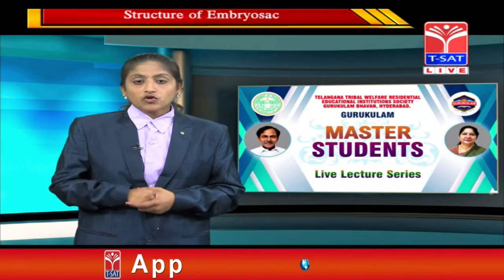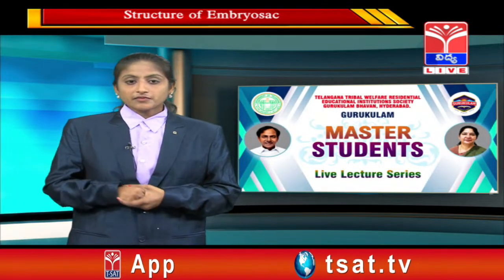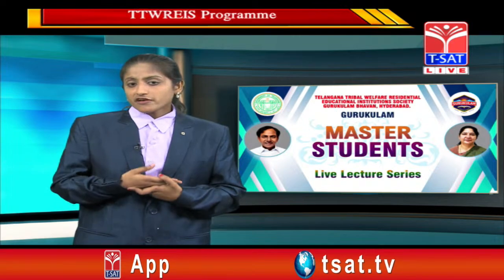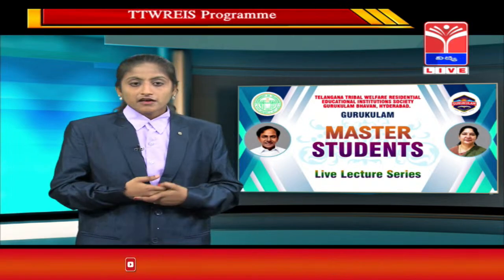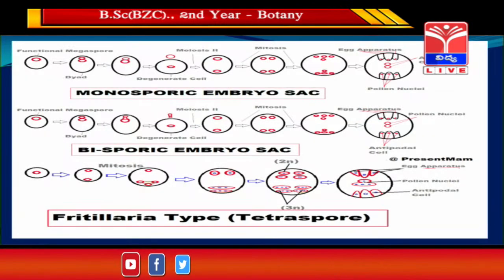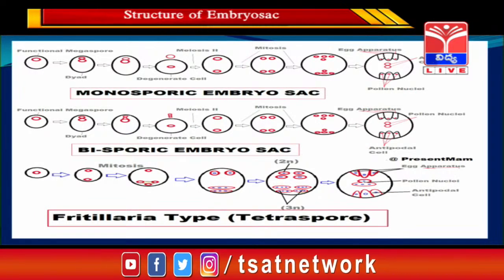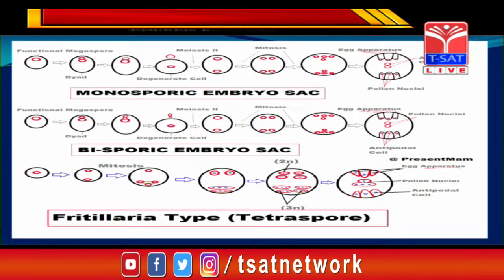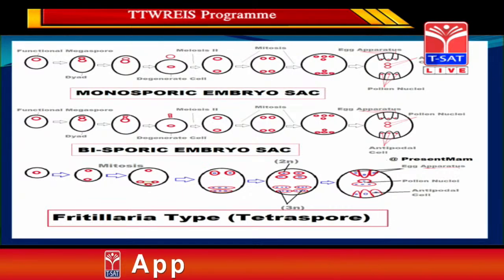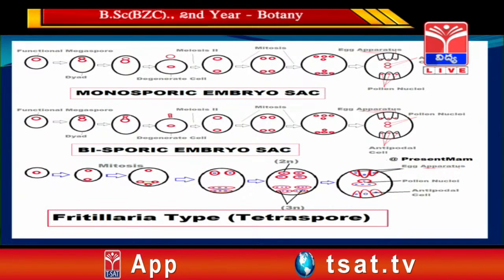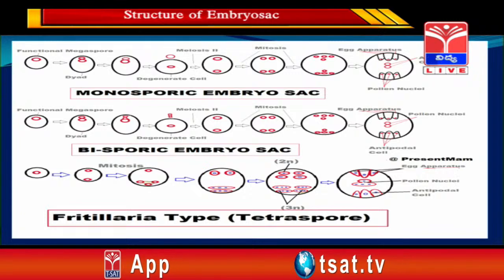Now we see the monosporic embryo sac and bisporic embryo sac. How is the monosporic embryo sac formed? First, the MMC, the megaspore mother cell, undergoes meiotic division, then forms 2 cells. These 2 cells are called a dyad. In this dyad, one is functional and the other is degenerated.